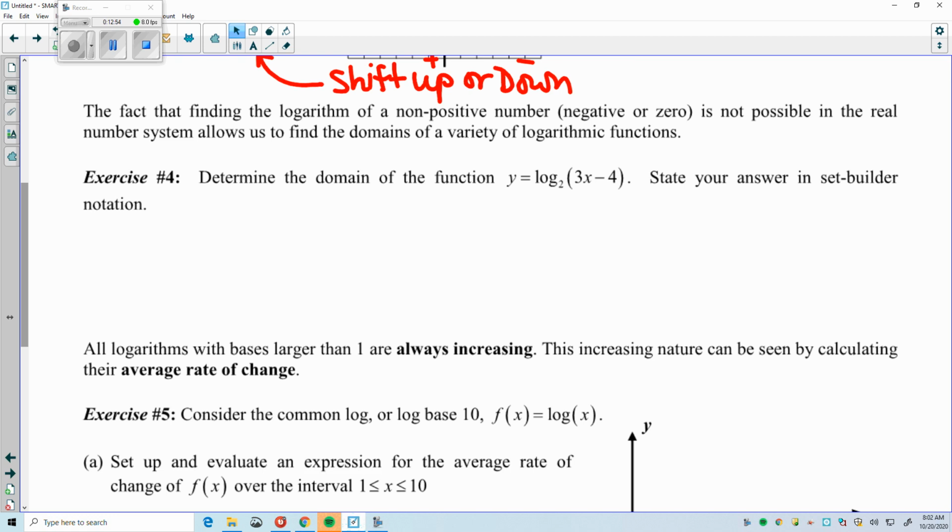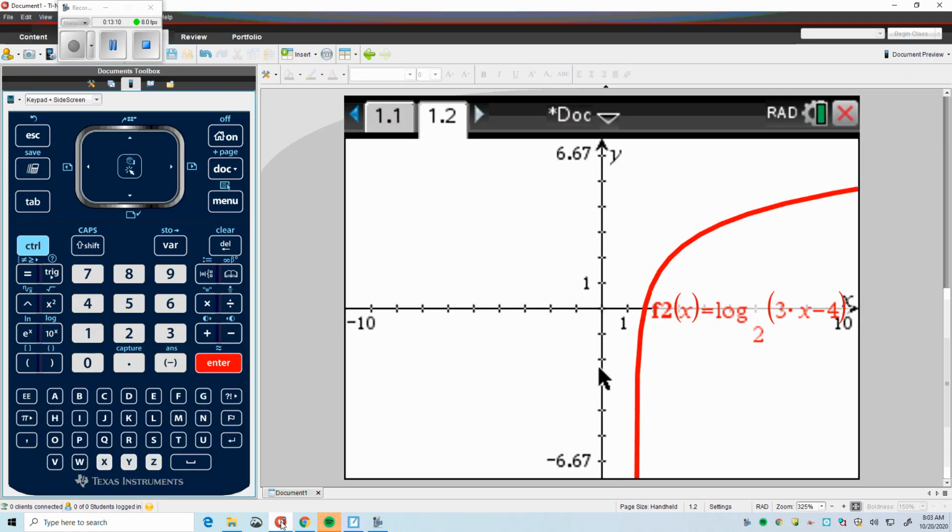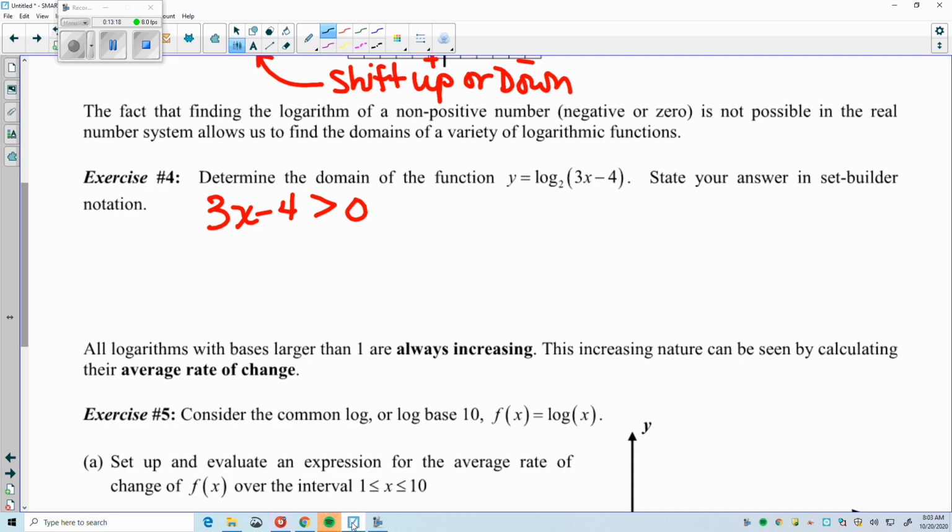So with that being said, if I take a look at 3x minus 4, I know that this cannot be negative and it can't be 0. So that means it has to be greater than 0, which looking at the graph, I can see. What I need to do is figure out how close this graph is getting. What is that value that it's trying to approach?